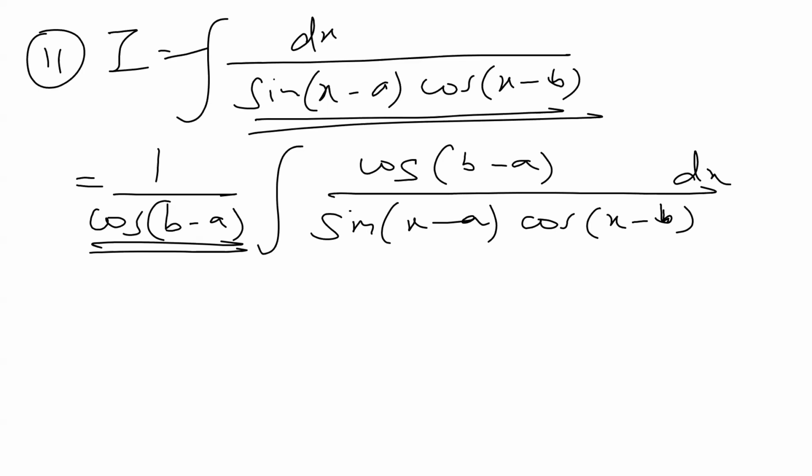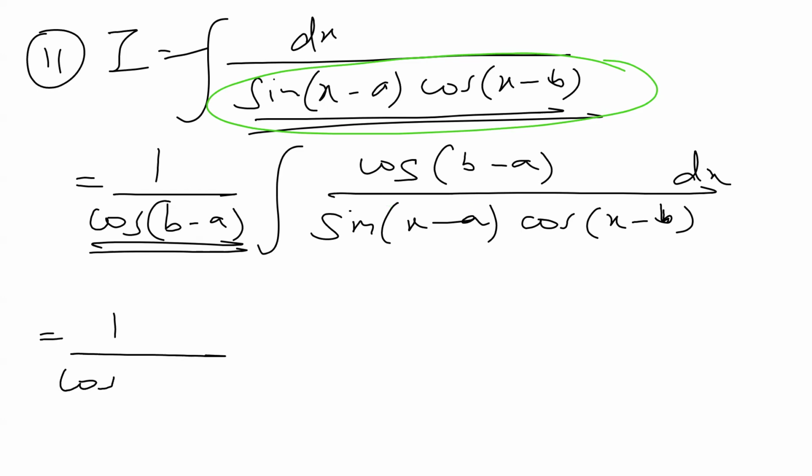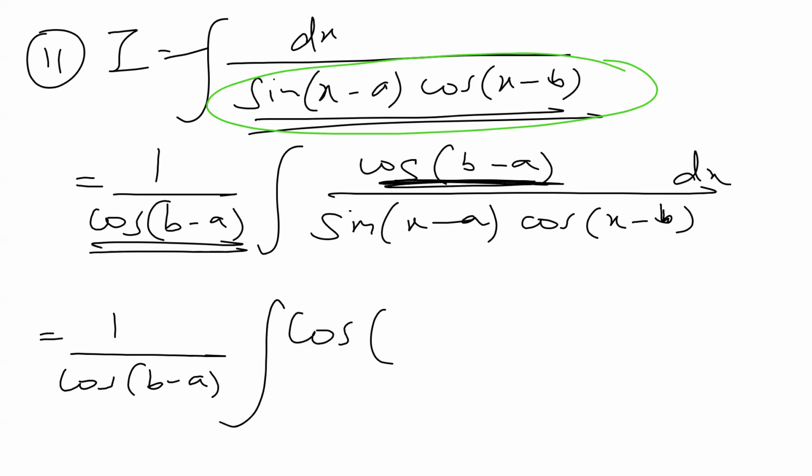So remember, if it is sine cos or cos sine, multiply and divide with cos b minus a. This you need to memorize. So 1 upon cos b minus a. Now this cos b minus a, I'll just write it like this: cos of x minus a minus x minus b.